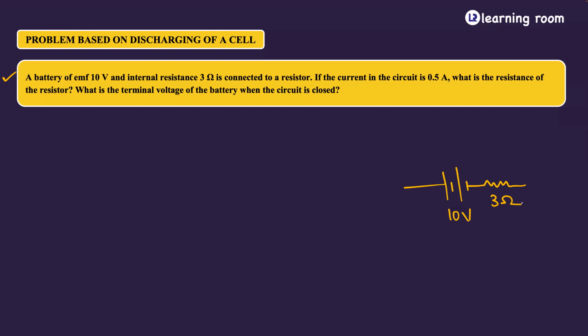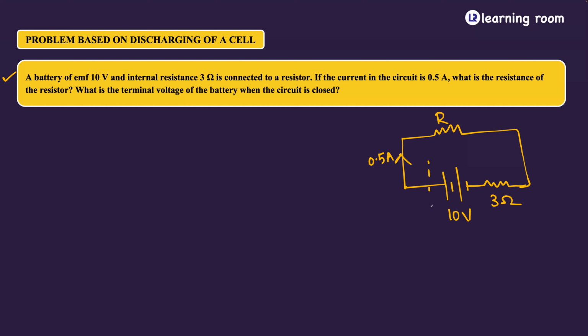This whole system is connected to a resistor. If the current in the circuit is 0.5 ampere, what is the resistance of this resistor, and what is the terminal voltage of the battery when the circuit is closed?